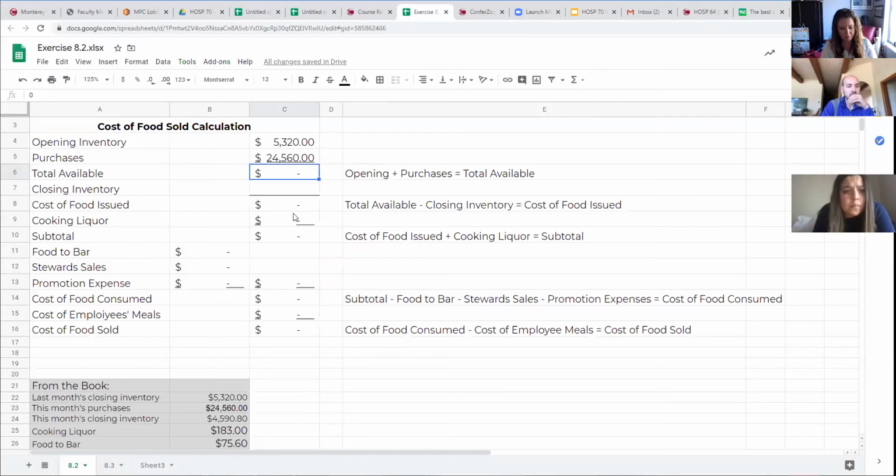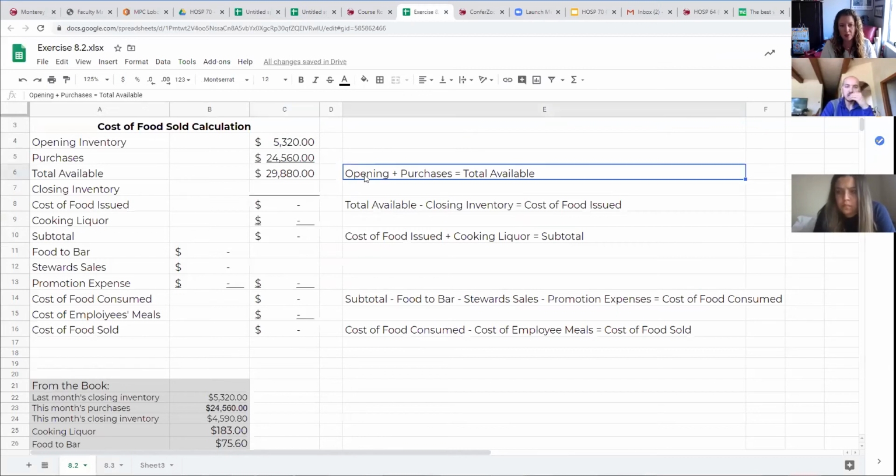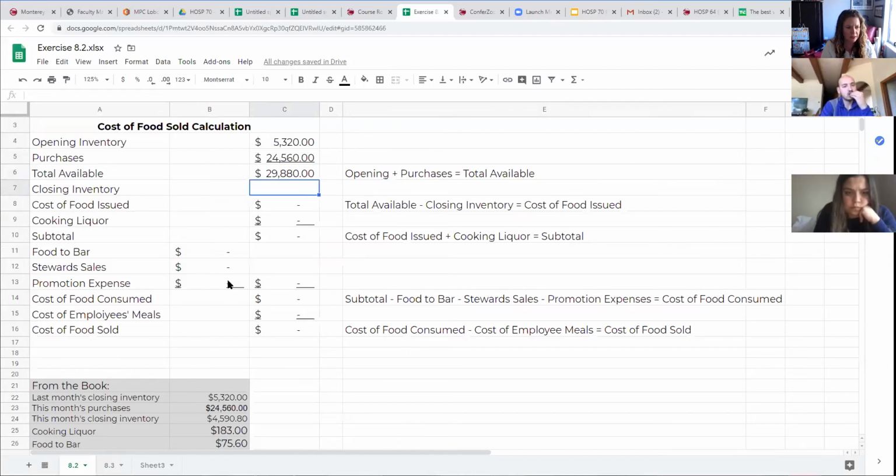Total available, and we're going to do an equal sign, and then you can click on each box and do the plus sign. I've got the formula right here: opening plus purchases equals total available. Now your closing inventory, this month's closing inventory, was 4,590.80.